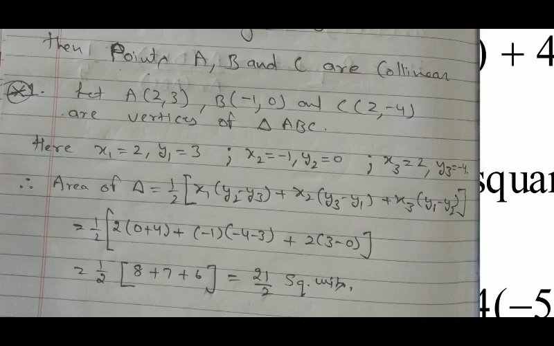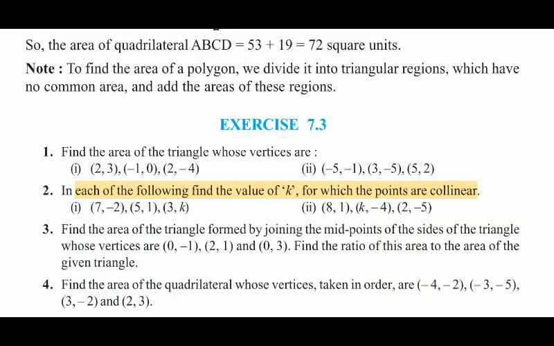After putting the values, you will get here 2 into (0 plus 4) plus (-1)(-4 minus 3) plus 2 into (3 minus 0), and simplify them. After simplification you will get here 1 by 2 into (8 plus 7 plus 6), which is equal to 21 upon 2 square unit.